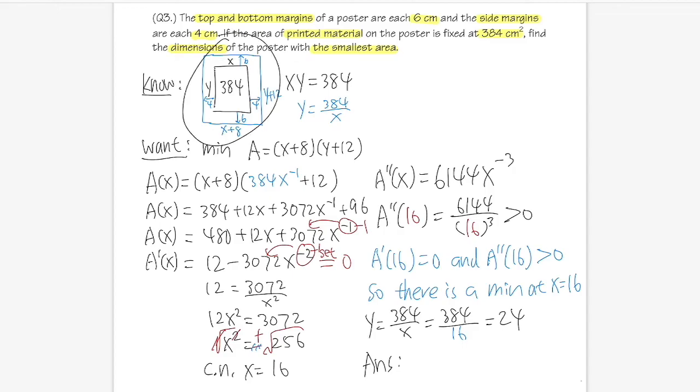So we should also include the margin. That means we will have to do x plus 8, right? So we actually will get 24 right here, and the unit is centimeters. The y should be added with 12. So together we will have 36 centimeters.